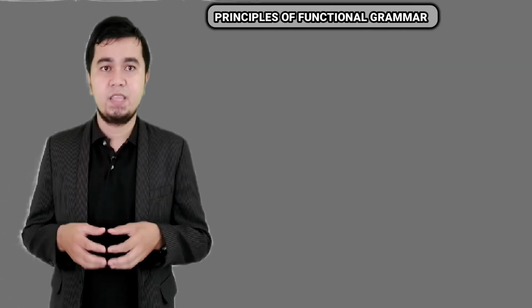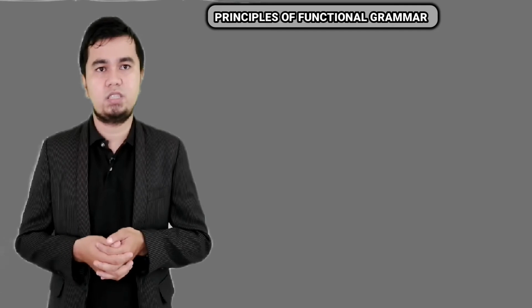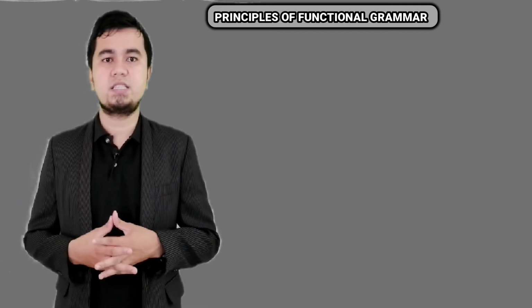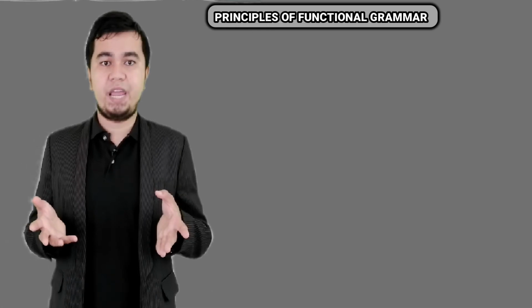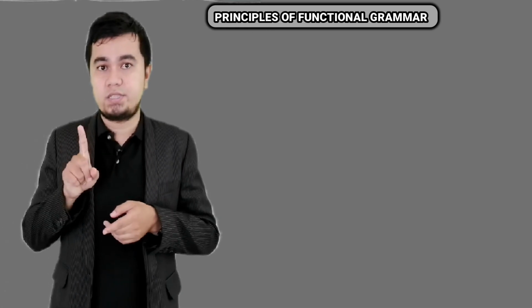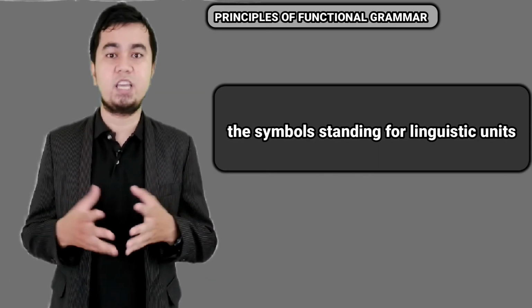And finally, there is no privilege, there is no rule. Cognitive grammar considers the grammar of the language as representing the whole. So this means that how the speaker comprehends and produces a language is determined not by rules, but by the symbols standing for linguistic units.